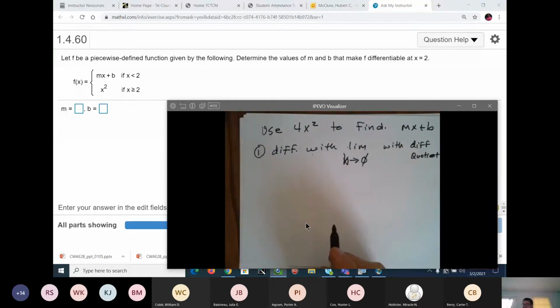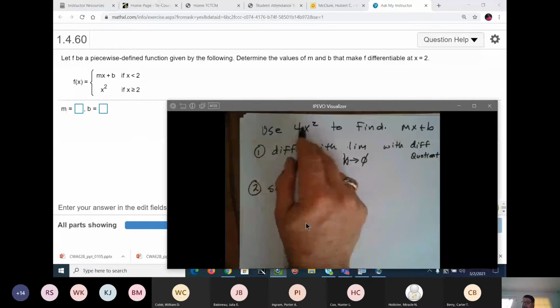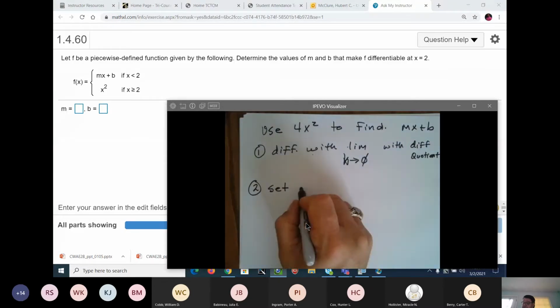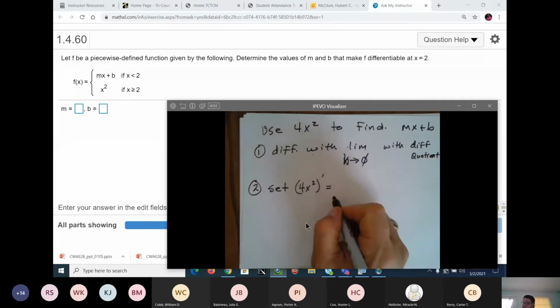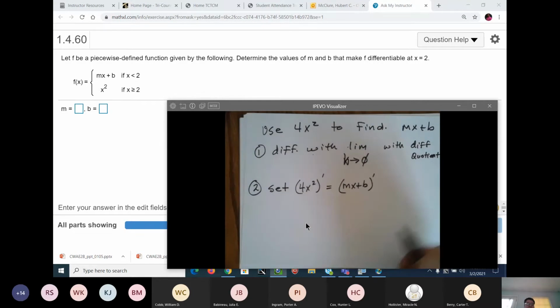The second thing you do is you set the derivative of this. So I'm going to say 4x squared prime equal to mx plus b prime. You're going to set those two equal to each other.